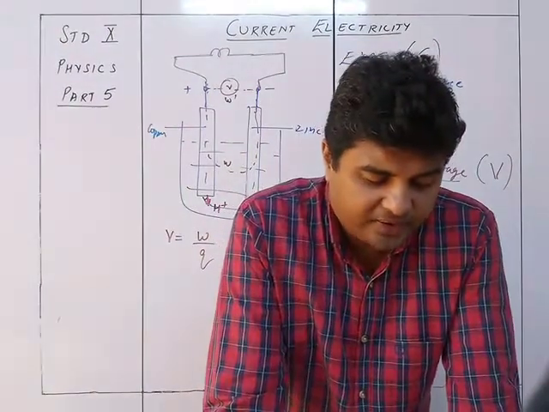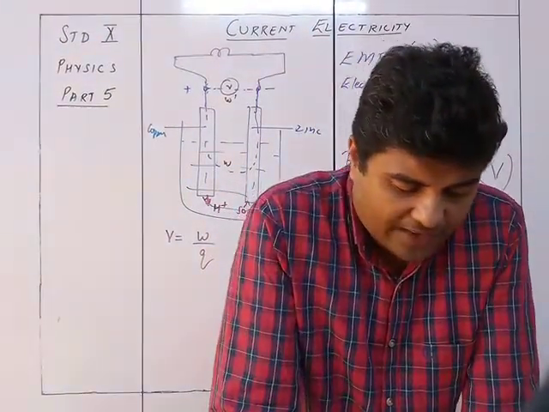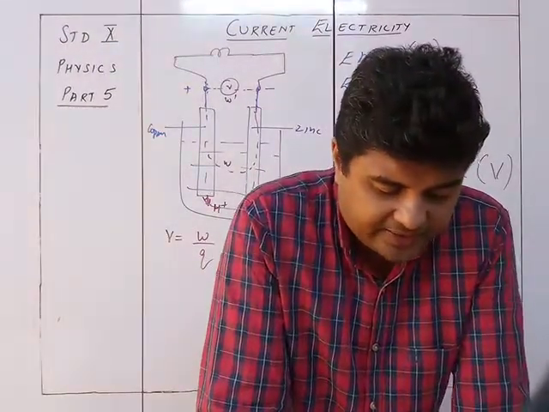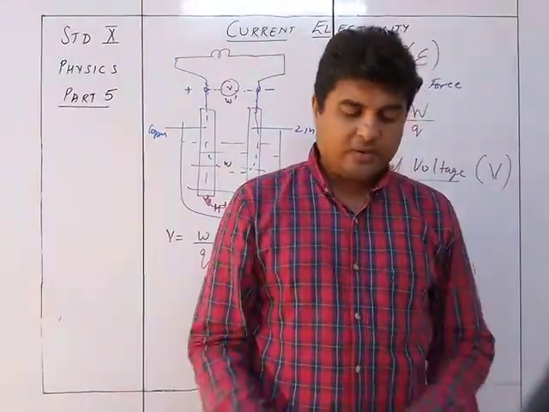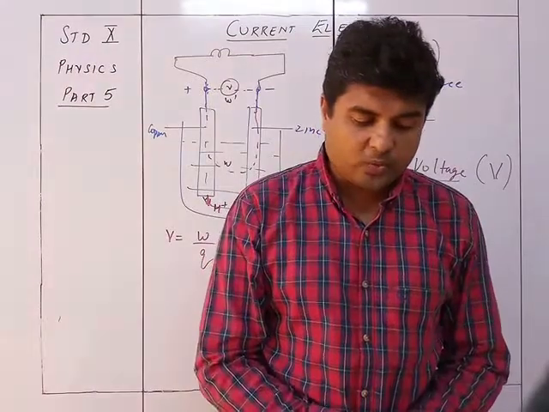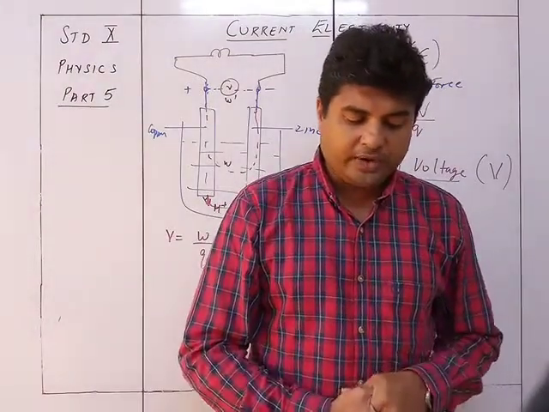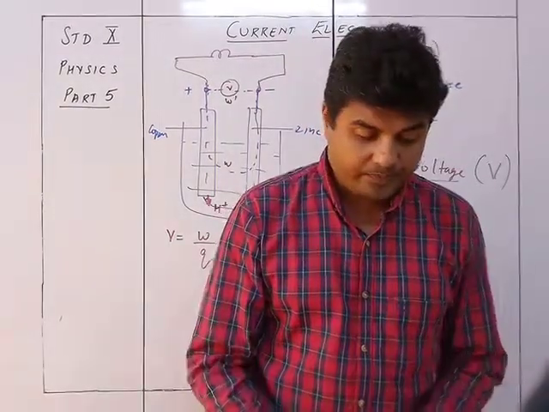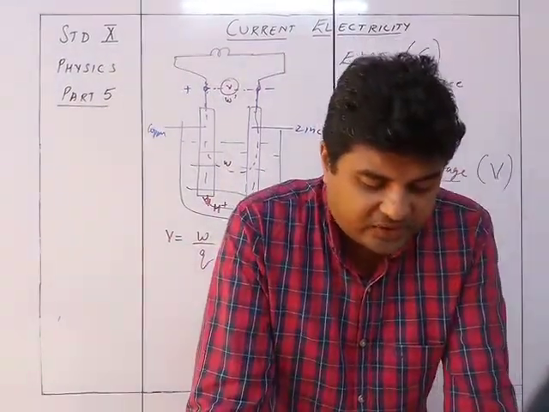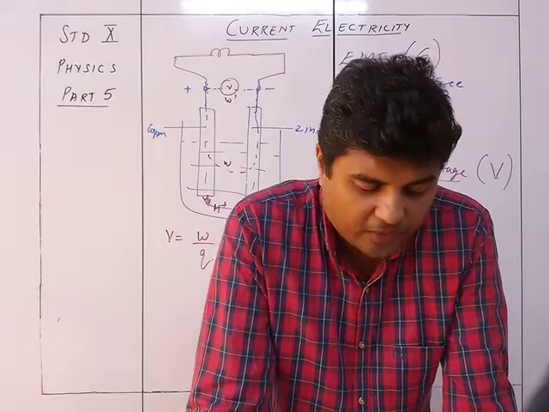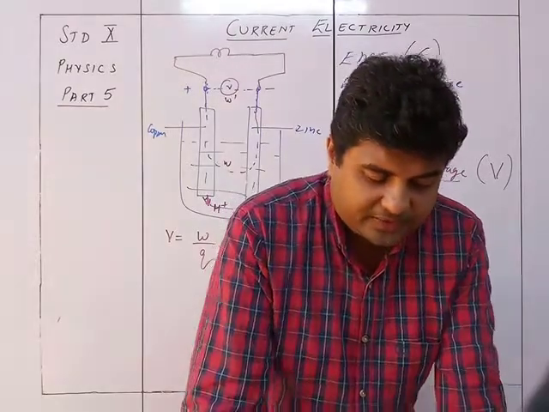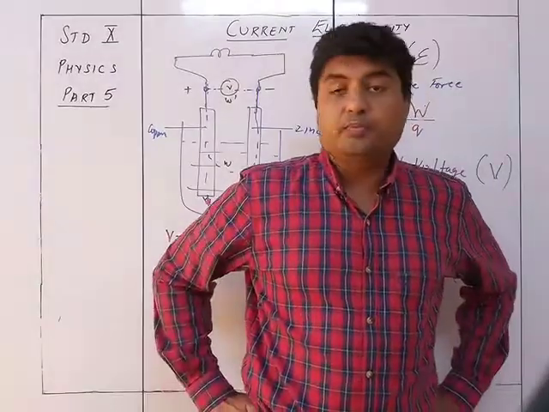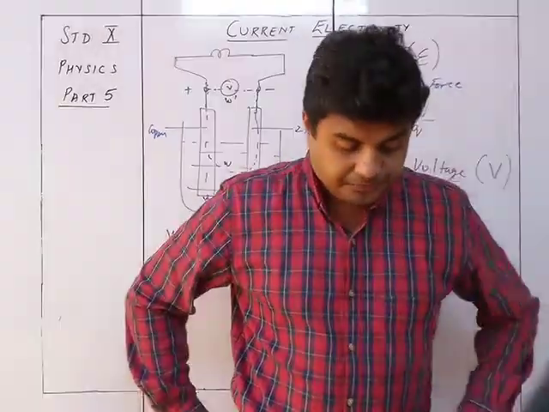EMF is measured by the amount of work done per unit charge in moving the positive charge in the complete circuit, inside and outside. Whereas terminal voltage is a measure of the amount of work done per unit charge in moving the positive charge in the circuit outside the cell. EMF is a characteristic of the cell; it does not depend on the amount of current drawn from it, whereas terminal voltage does. The more the current drawn from the cell, the less is the terminal voltage.